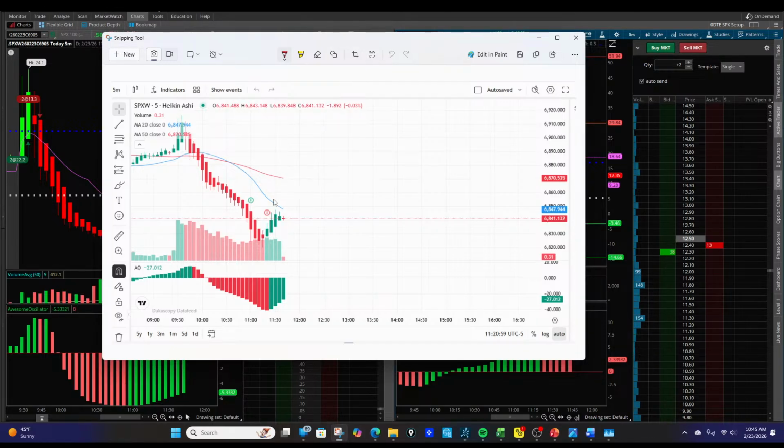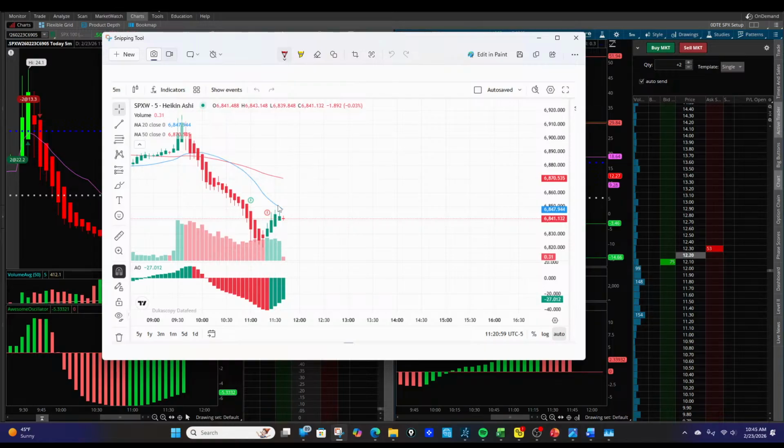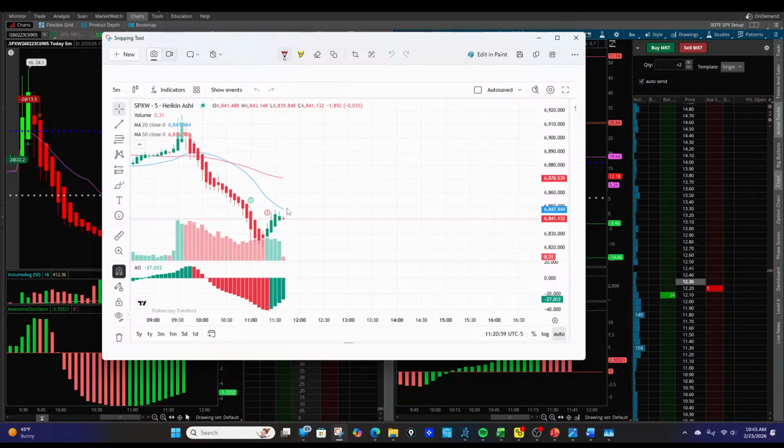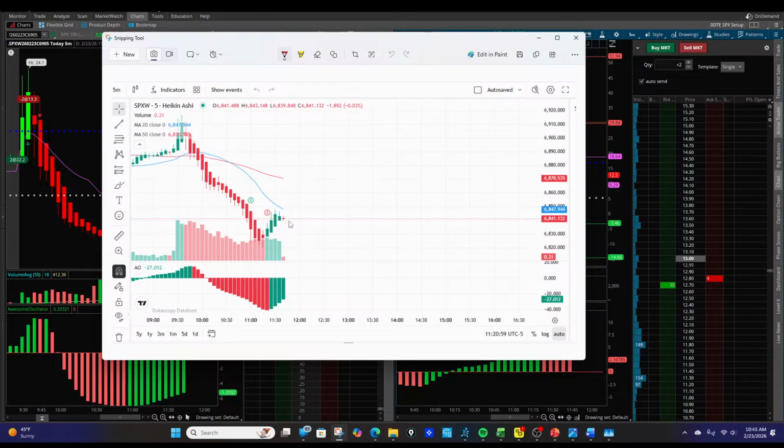The 50 is the red and the 20 is the blue. A lot of times I have noticed that when the price goes through the 20-day, or punctures it, that's the word I'm looking for, that's an indication it's going to head up. If it stays below that, it's probably going to go down.